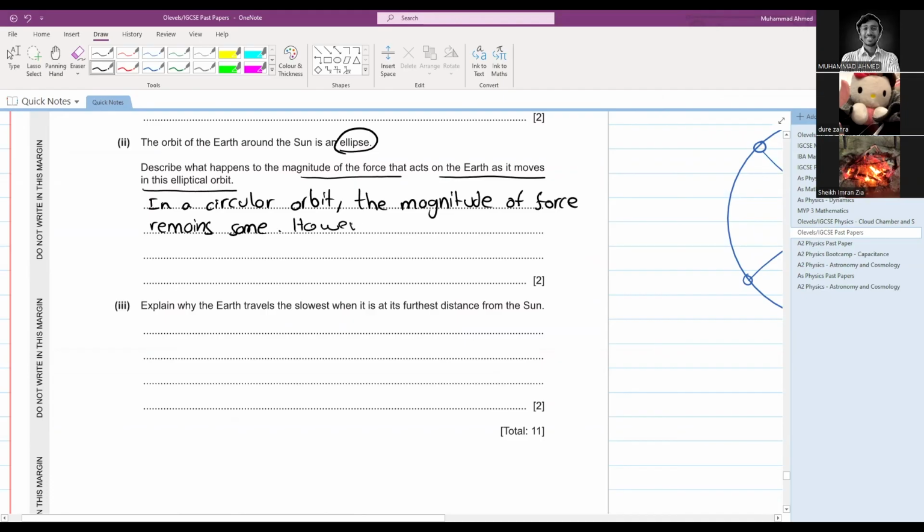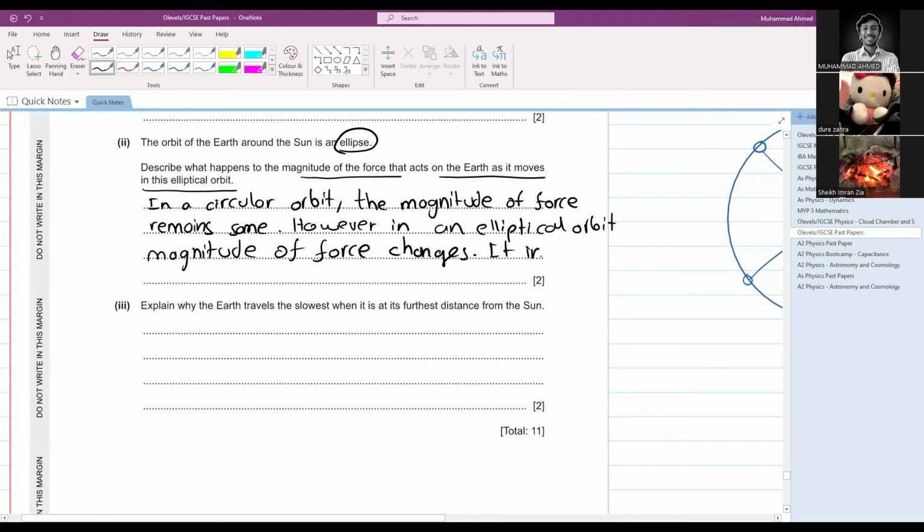However, in an elliptical orbit, the magnitude of force changes.